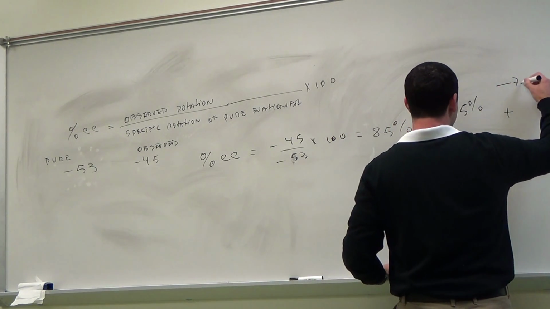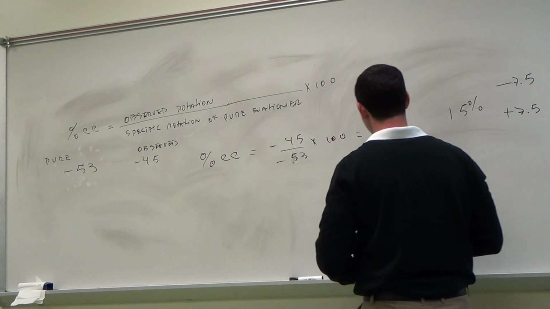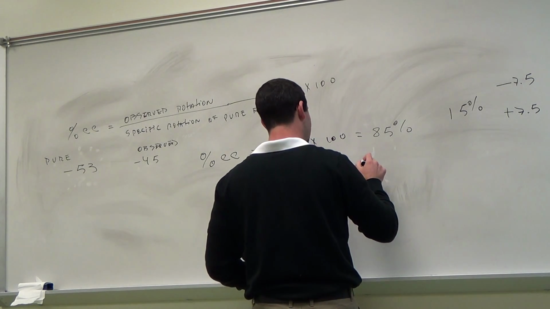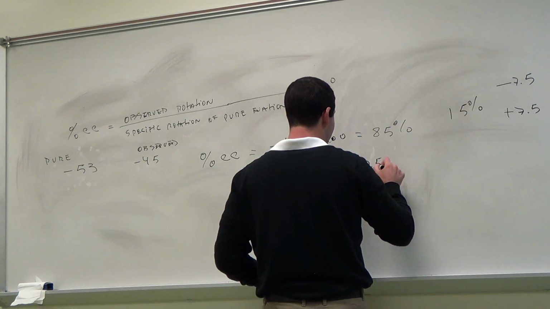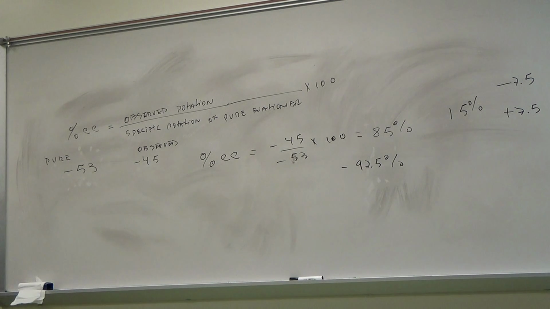So this is 7.5 and 7.5. So in reality, of this negative, how much do I have? 92.5% is that levorotatory, we should say, yes?